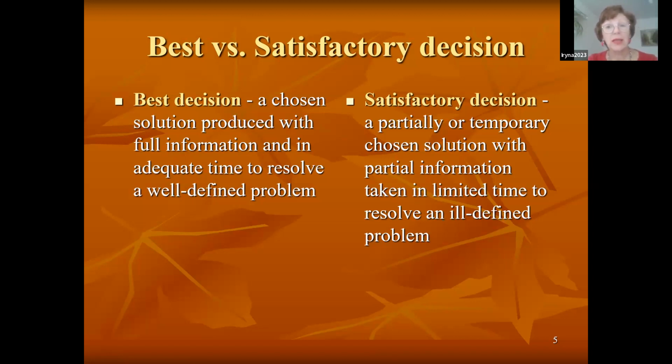Satisfactory decision is a temporary solution or partial solution taken with limited information in limited time, very often to resolve an ill-defined problem. So although you can often hear "this is the best decision," it's a phrase, because in most cases, it's just a satisfactory decision. Very rarely we have necessary conditions for best decision.